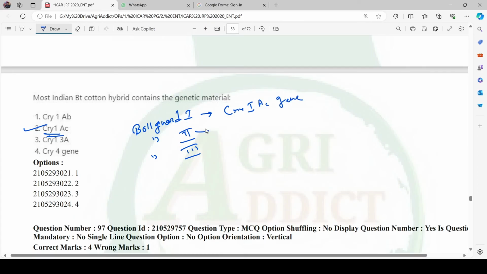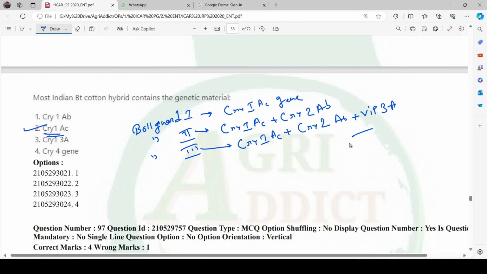In Bollgard 2 it is Cry1Ac plus Cry2Ab, and the current one, Bollgard 3, is Cry1Ac plus Cry2Ab plus VIP3A. Okay, this is the current data you should know. So here Cry1Ac is the correct answer according to the answer key.